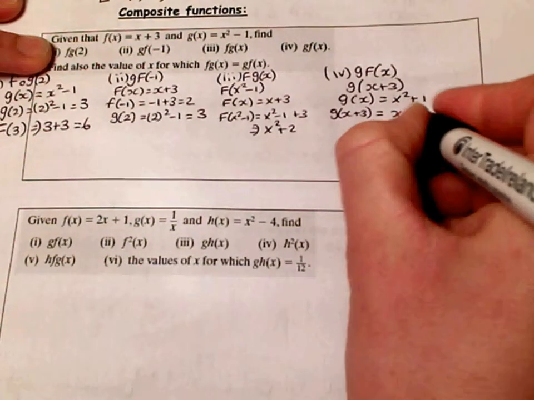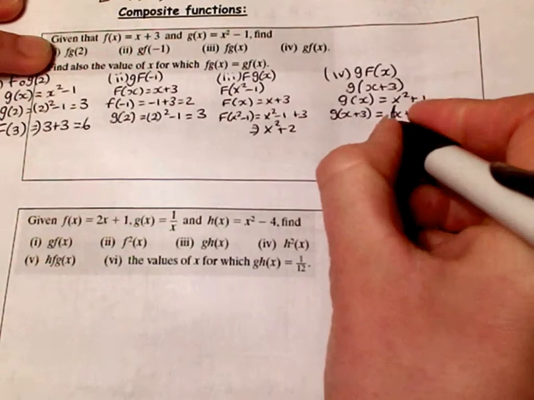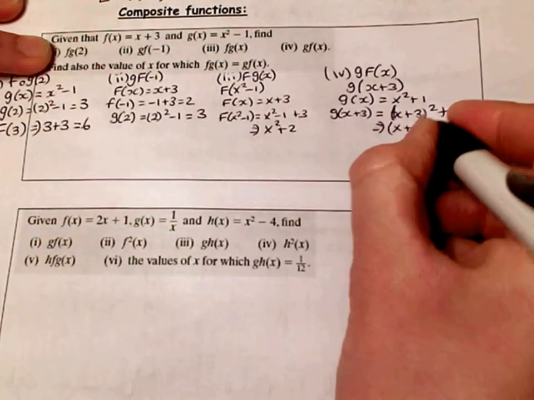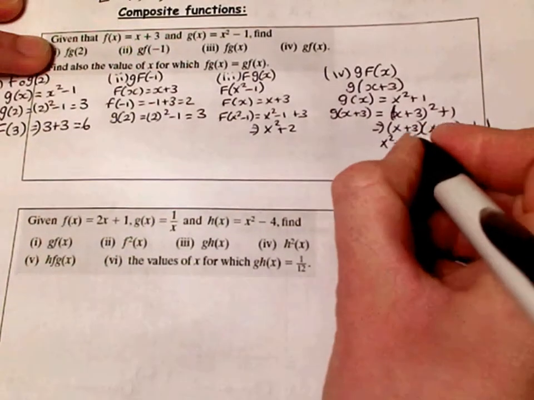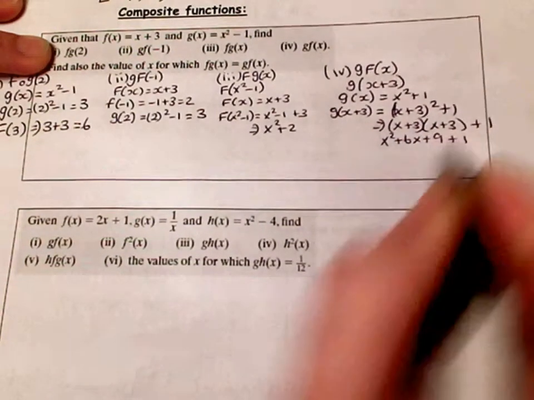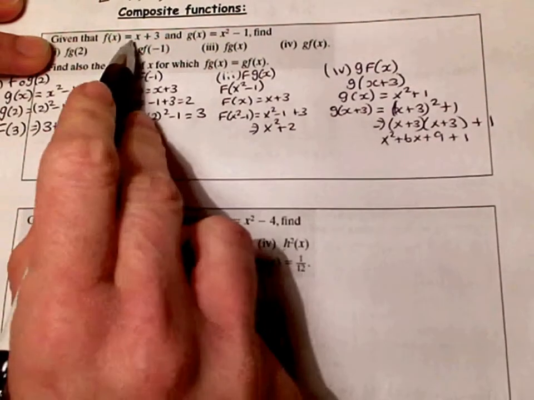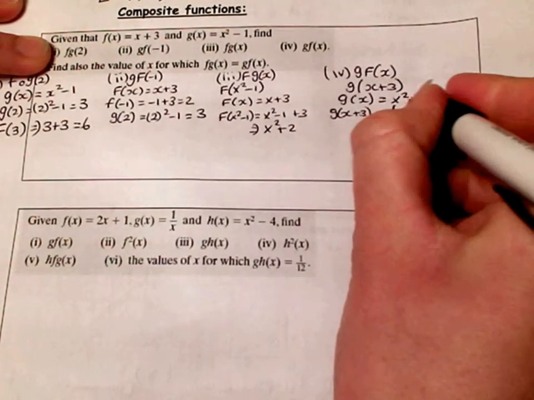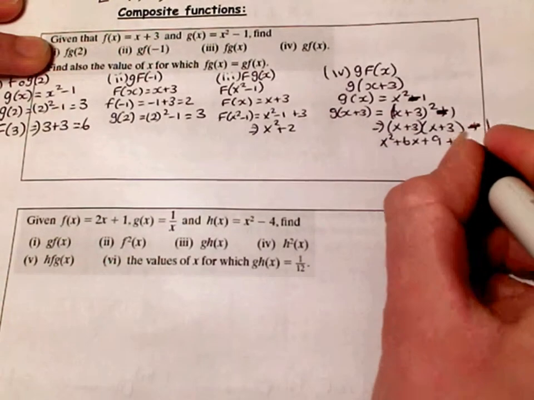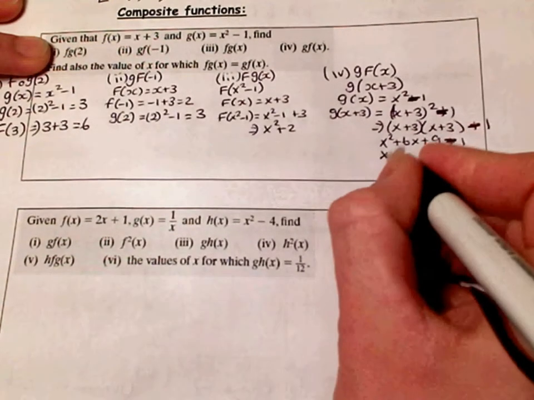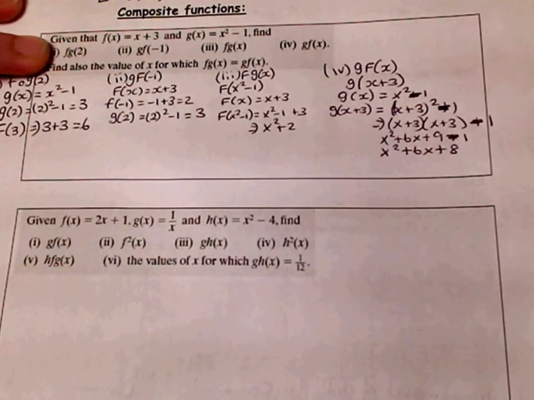So it's x plus 3 all squared minus 1. That's x plus 3 times x plus 3 minus 1, which gives us x squared plus 6x plus 9 minus 1. I had taken this down wrong, it should be minus 1 here. And 9 take away 1 leaves us with x squared plus 6x plus 8 for part 4.